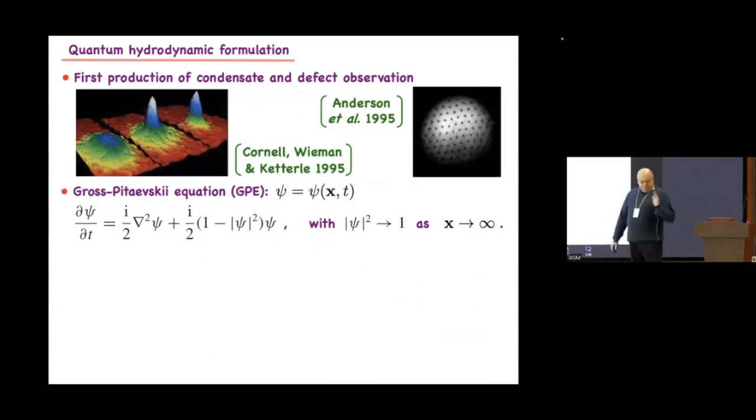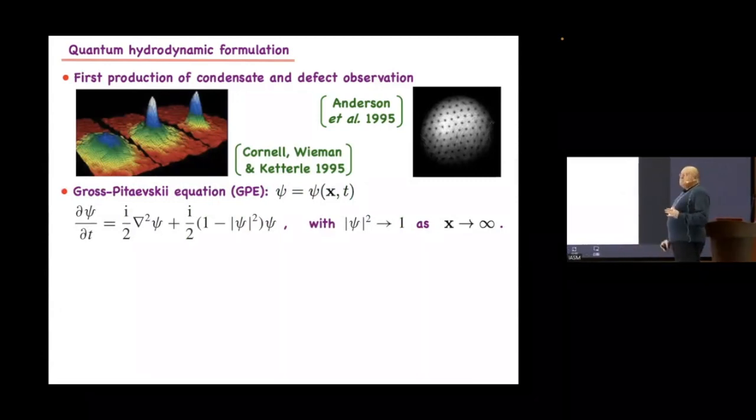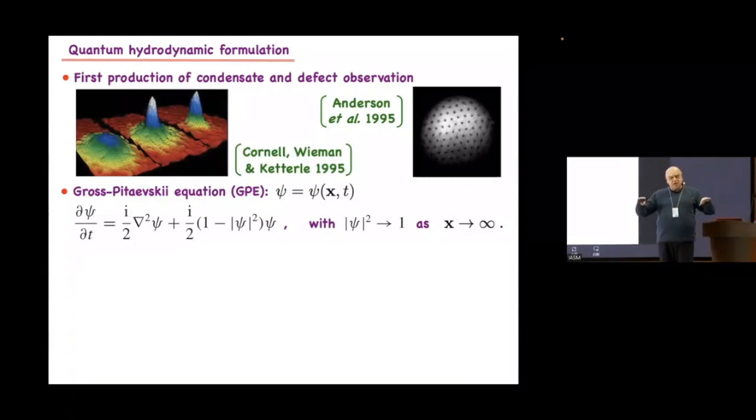Okay, so I just skip lots of details, and what you get here is a mean field equation for a gas of bosons. So let me just briefly offer you a quick way to understand. The system is made of particles, bosons, brought to ultra low temperature, millikelvin temperature.